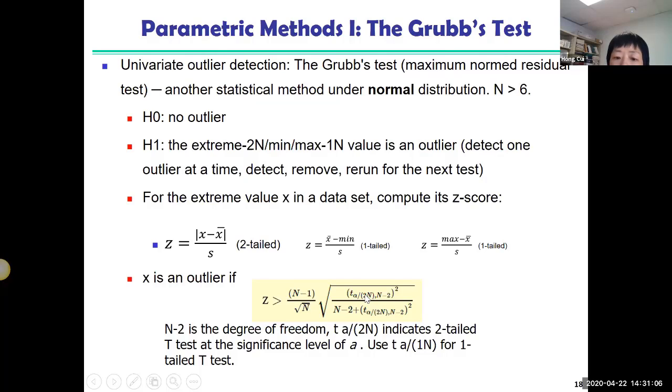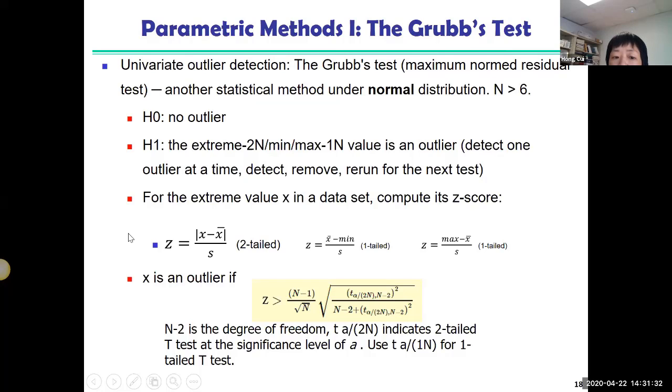You go to the t-distribution table, find this degree of freedom and your test significance, alpha, and find the t-value in the two-tails table. Compute that and compare it to your z-score, and see if z is greater than this value. If z is greater, then this extreme value is the outlier.